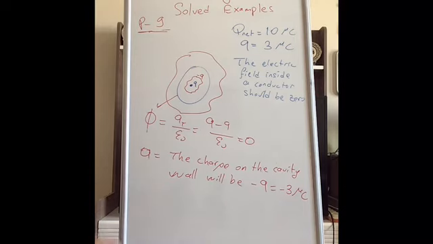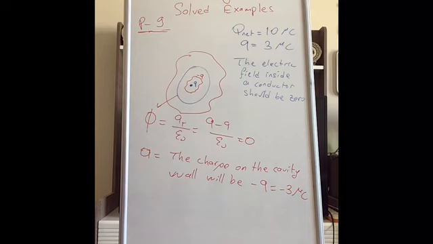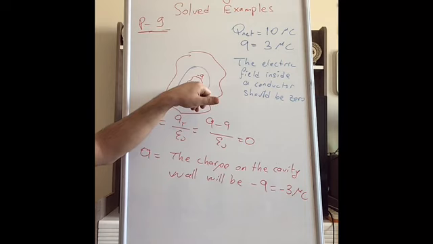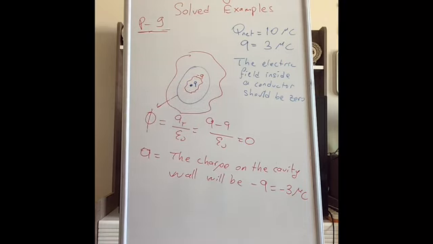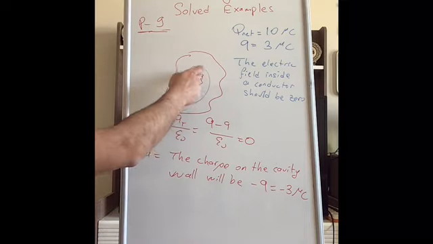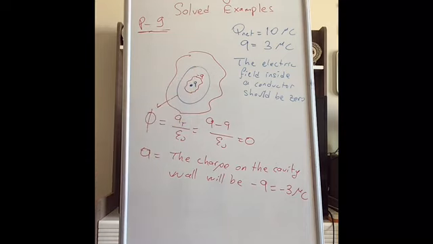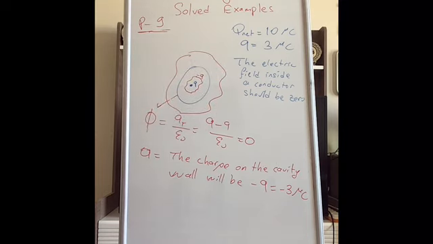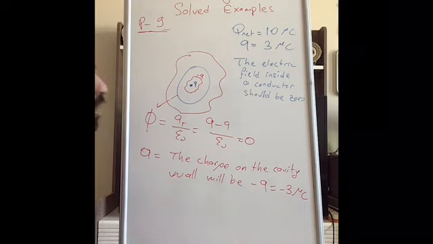Just by discussion, we answered part A of this problem, because you shouldn't forget that the electric field inside the conductor has to be equal to 0. Even though you put a charge in the cavity, even though you try to generate an electric field inside the conductor, it will react against it, and it puts the opposite sign of the total charge over the wall of the cavity to maintain the electric field at 0 inside it. So the charge on the cavity wall will be minus Q, which is simply minus 3 microcoulomb.